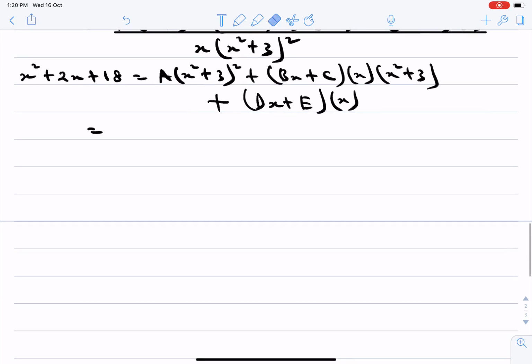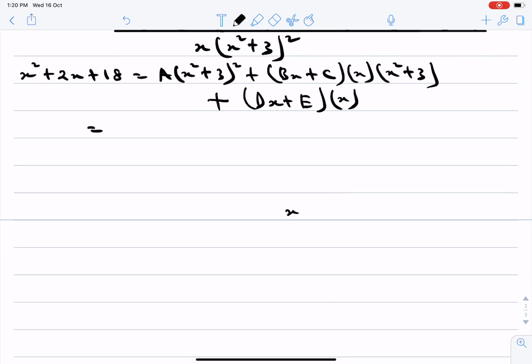Before I begin to expand, let me expand these factors so we can just multiply easily. x squared plus 3 squared is the same as x raised to the power 4 plus 6x squared plus 9.